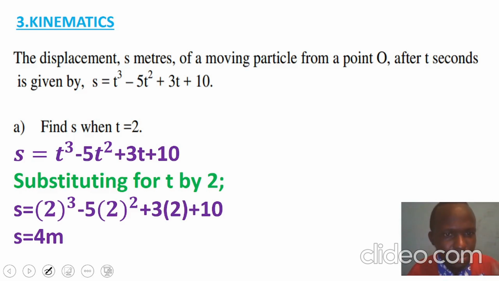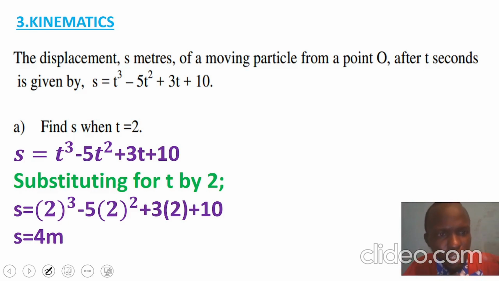The displacement s meters of a moving particle from a point O after t seconds is given by s is equal to t cubed minus 5t squared plus 3t plus 10. Find s when t is equal to 2. You realize now we are not going to use the y and x that we are used to.